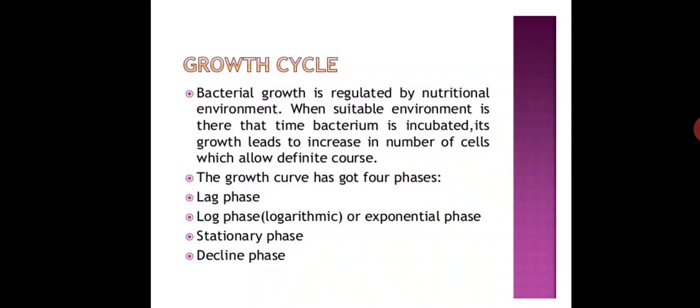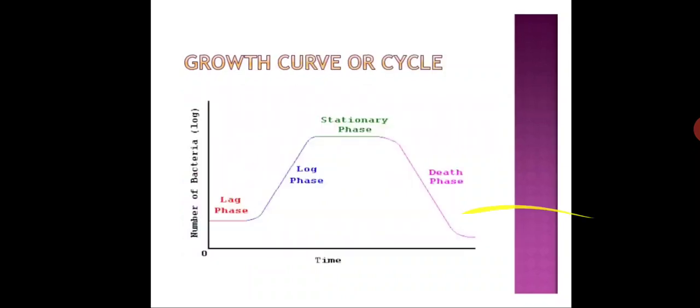It has different phases, different segments, like lag phase, log phase or exponential phase, the third one stationary phase, and the next one decline phase. So this is the graphical representation of the bacterial growth cycle.